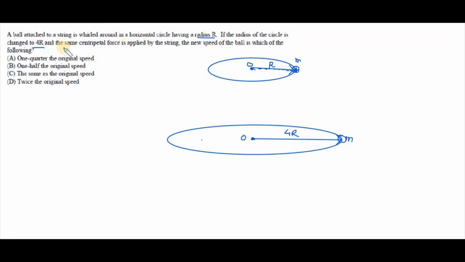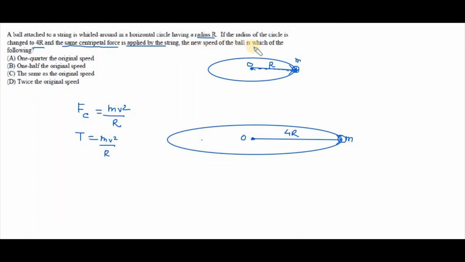In the second case, the radius is 4r. In these two cases, we have to maintain the same centripetal force applied by the string. The expression of the centripetal force is m v square upon r, and that is going to be applied by the string. That means T equal to m v square upon r.